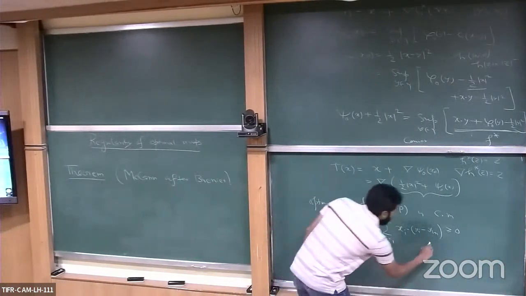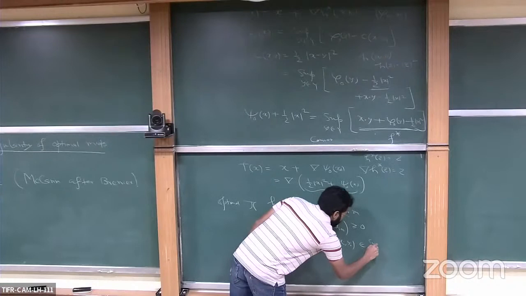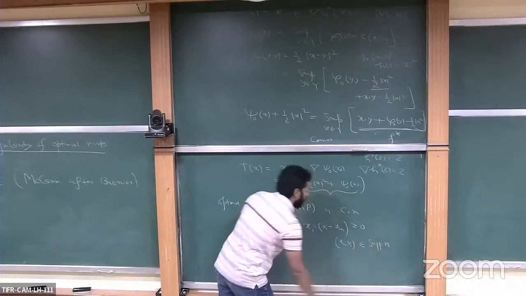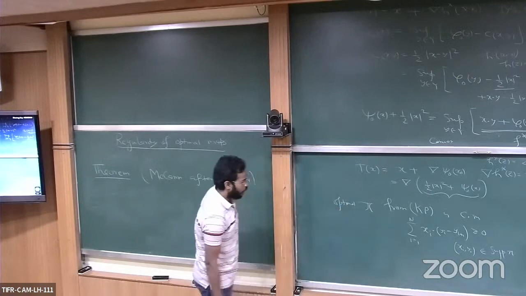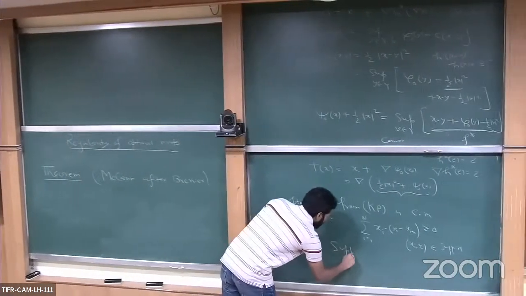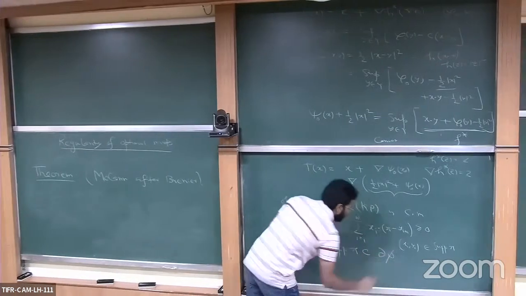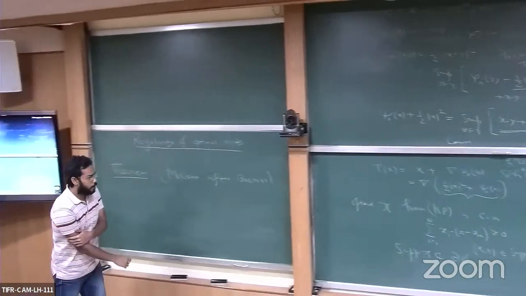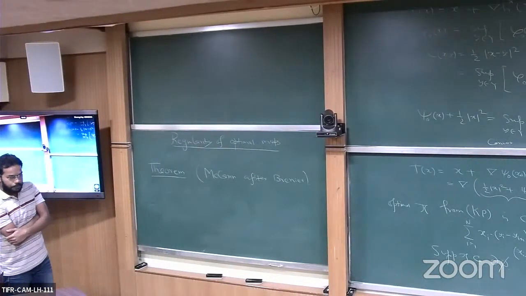And here the x_i, y_i are from the support of pi. As a result, by the converse of Rockafellar's theorem, the support of pi is concentrated on the subdifferential, the graph, of a convex function phi. So this is what we mentioned last time.